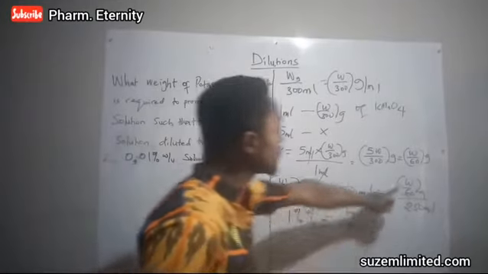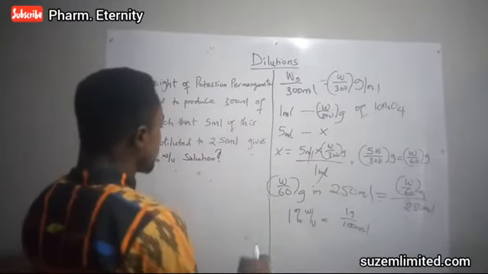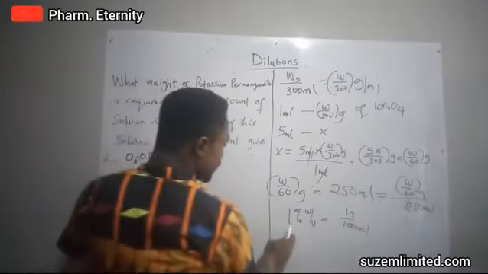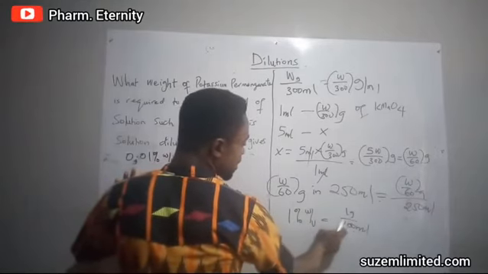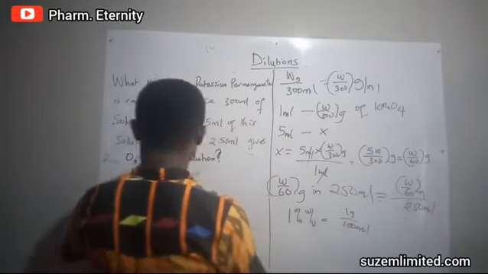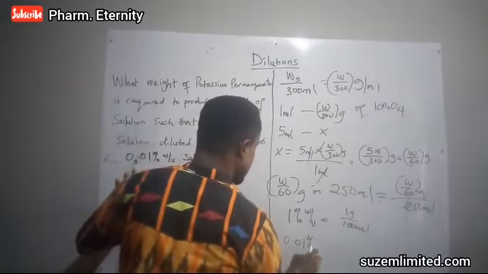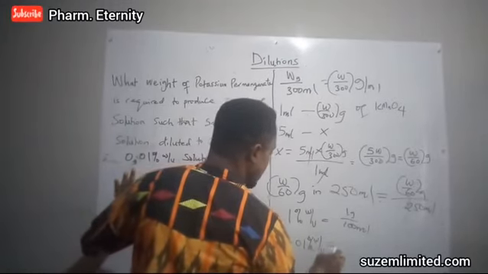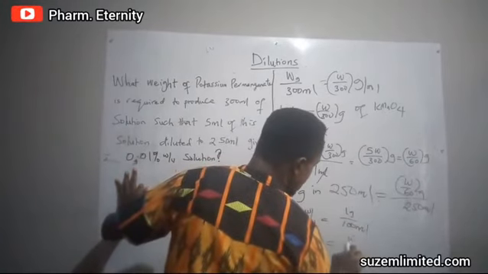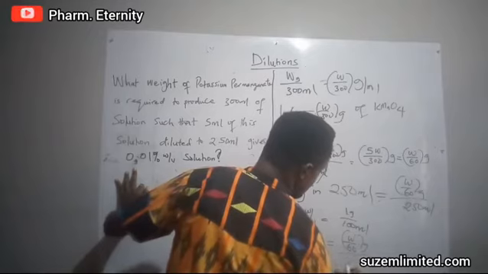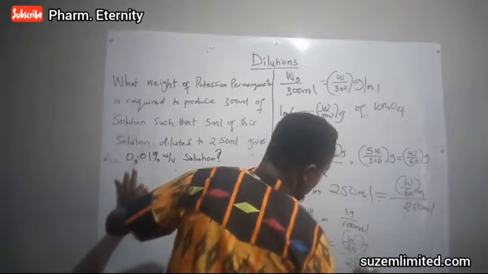From there we can find W. So if 1% weight per volume is set as 1 gram over 100 mL, that means 0.01% weight per volume can also be equated to W over 60 gram all over 250 mL.